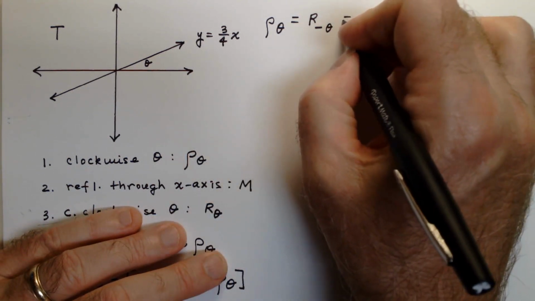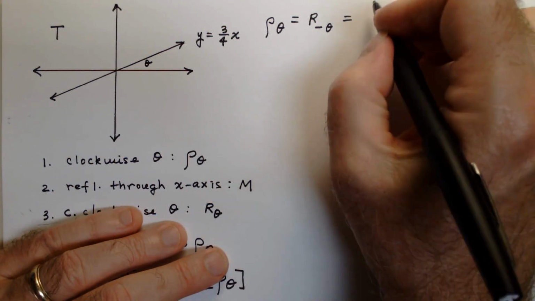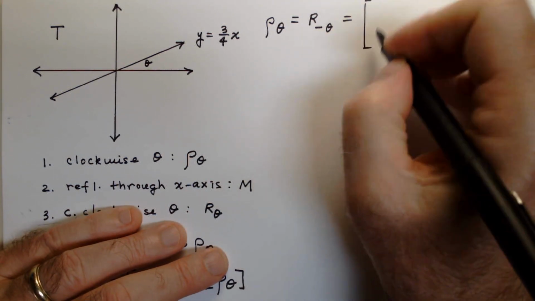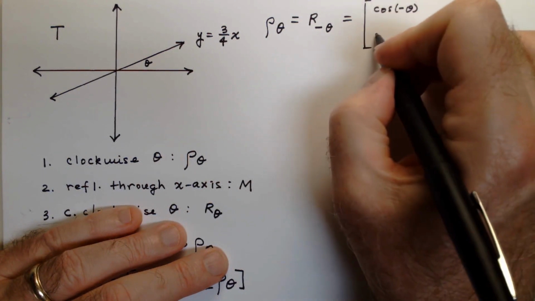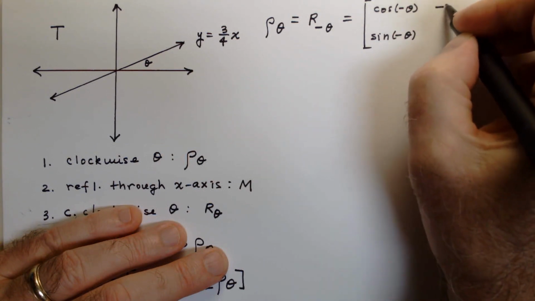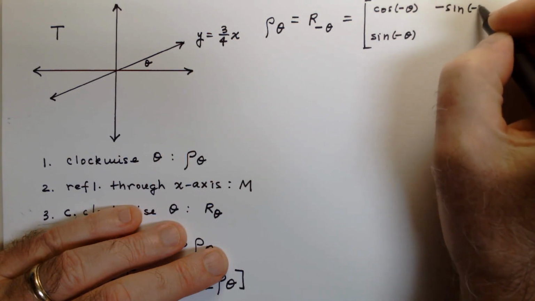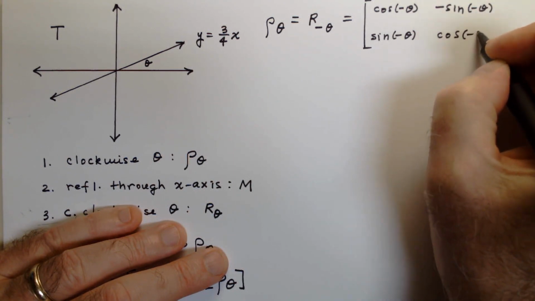Now, we've got our rotation matrix. I'm just going to substitute negative theta in for theta everywhere, and it's going to look like this. We'll have cosine of negative theta, sine of negative theta, the negative of the sine of negative theta, and the cosine of negative theta.